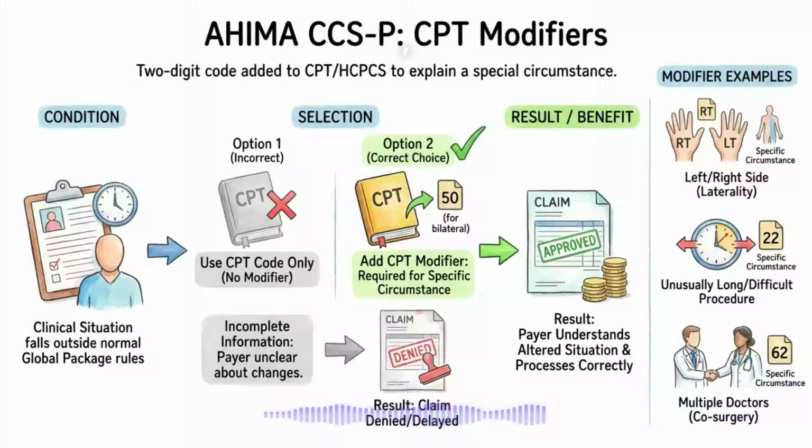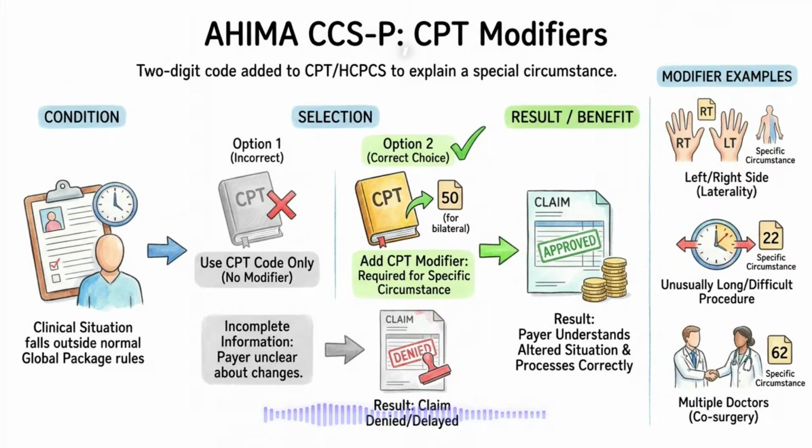When a clinical situation falls outside the normal rules of the global package, you must use a CPT modifier. A modifier is a 2-character code appended to the end of a CPT or HCPCS code to provide additional information to the insurance company.